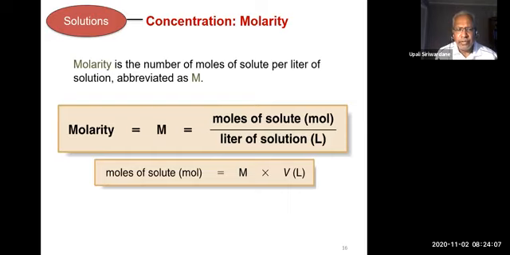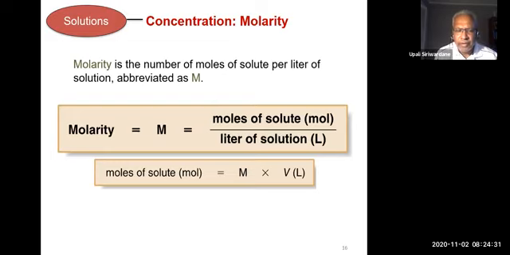We use molarity as a conversion factor to get the moles of solute present in a volume V of a certain solution. M times V is the number of moles.